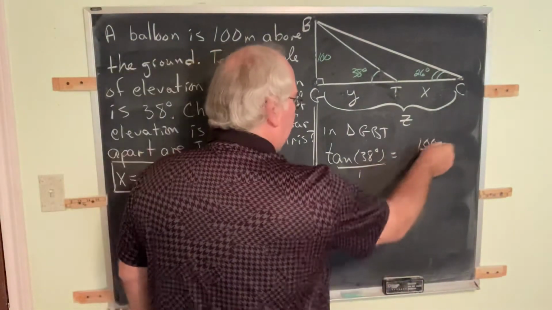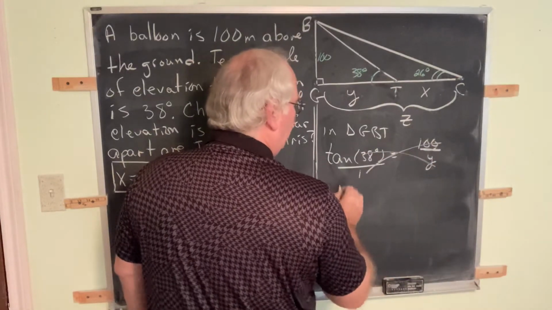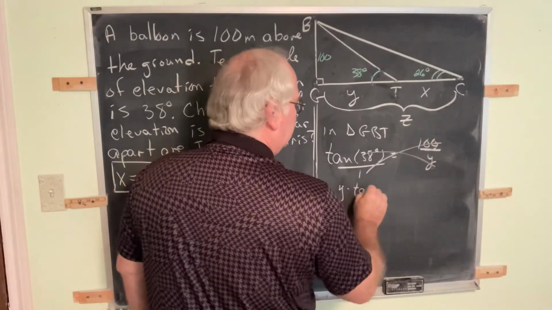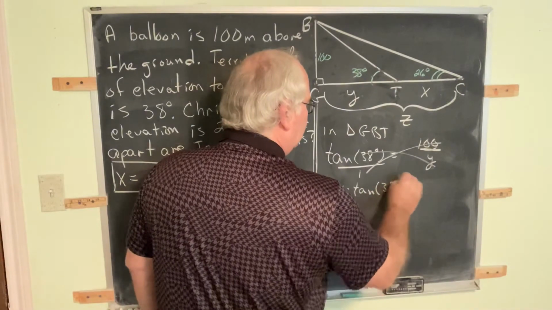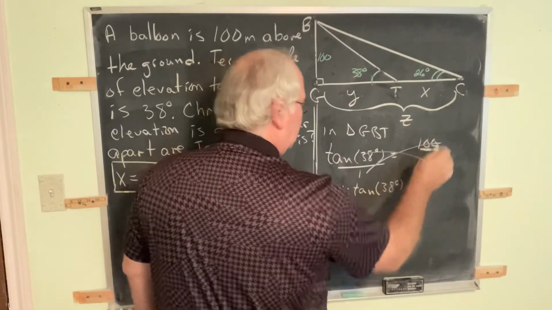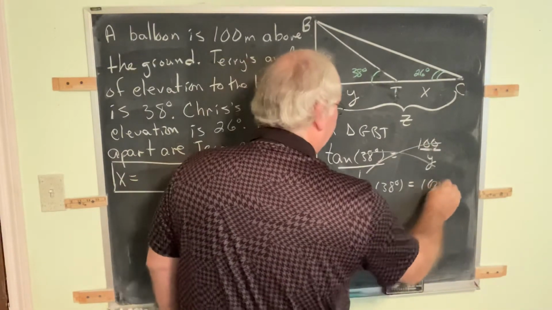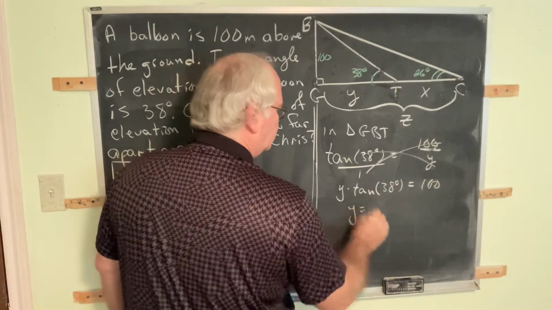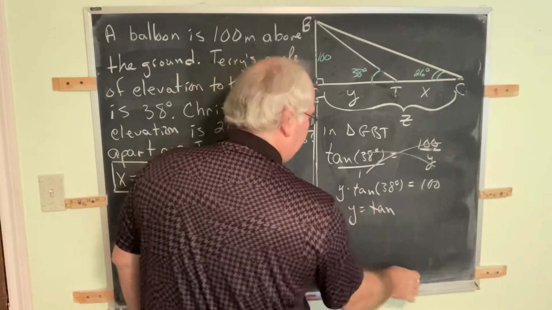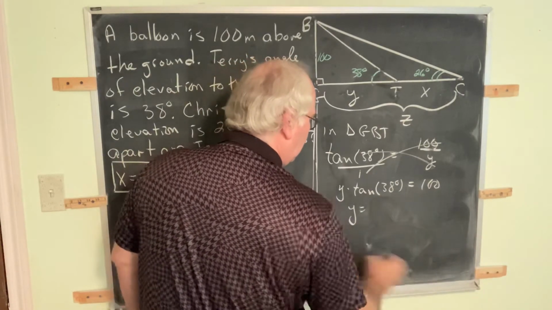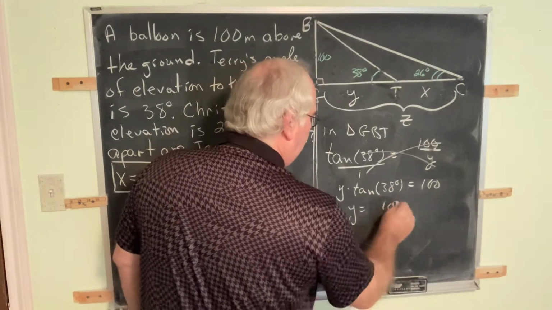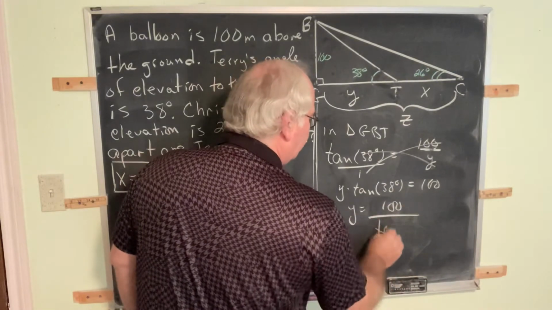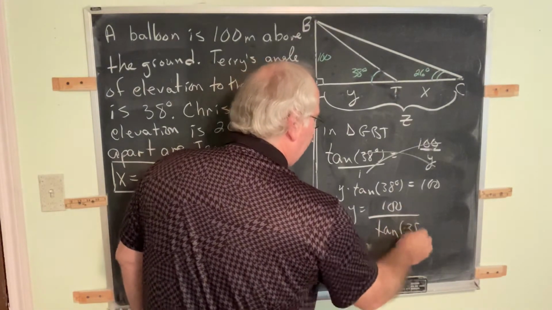So when we cross multiply, we have y times tangent of 38 degrees is equal to 100 times 1, which is 100. Divide both sides by tangent 38 degrees. That's going to be 100 divided by tangent of 38 degrees.